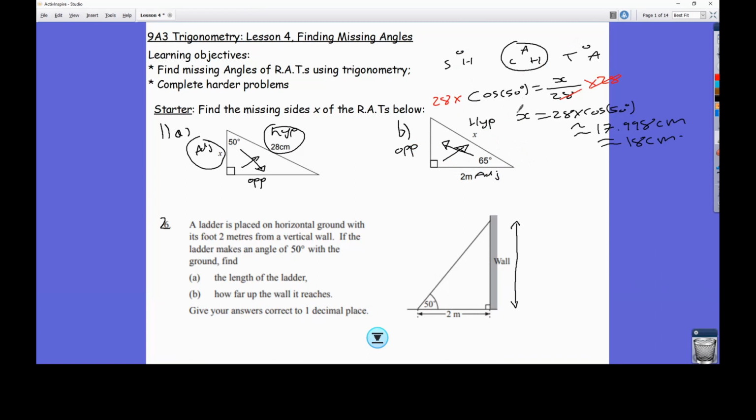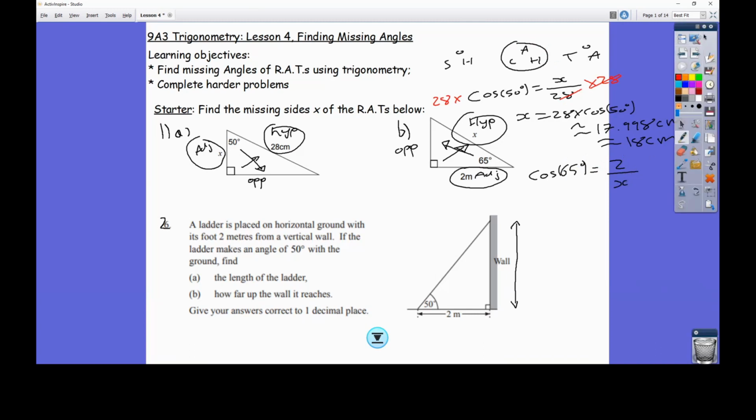So Sohcahtoa, let's select the equation that we need. So we want the hypotenuse, we have the adjacent, so that means we're going to use cosine once again. So this time we have cos 65 degrees is equal to the adjacent over hypotenuse, so 2 over x.